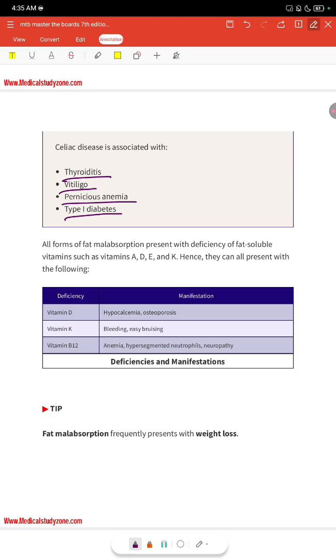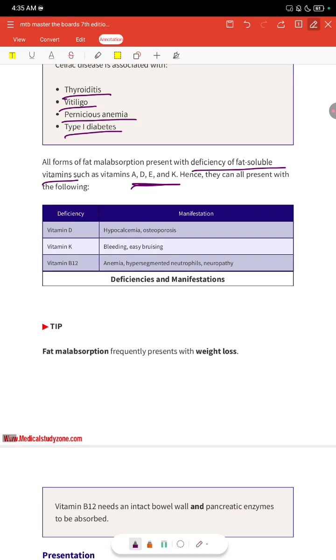All forms of fat malabsorption present with deficiency of fat-soluble vitamins such as A, D, E, K. Because if there is fat malabsorption, there will be deficiency of fat-soluble vitamins as well. So all of the deficiencies can happen and manifest themselves.